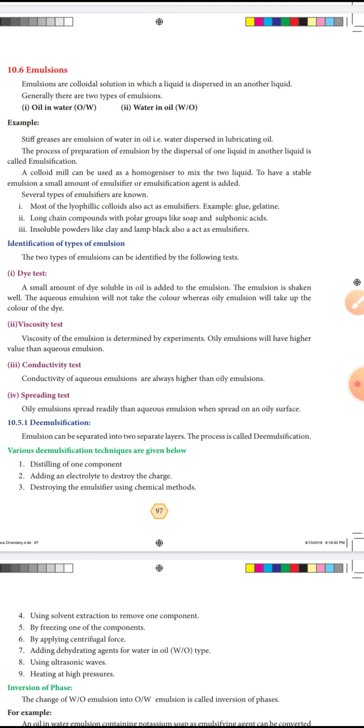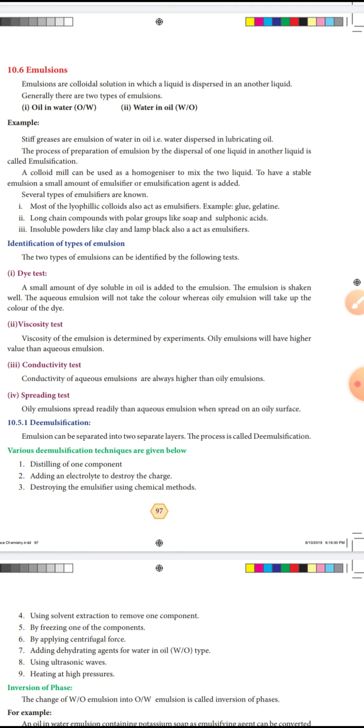Then how to identify the types of emulsion? The types of emulsion can be identified by the following tests. The first test is the dye test. A small amount of dye soluble in oil is added to the emulsion, and the emulsion is shaken well.